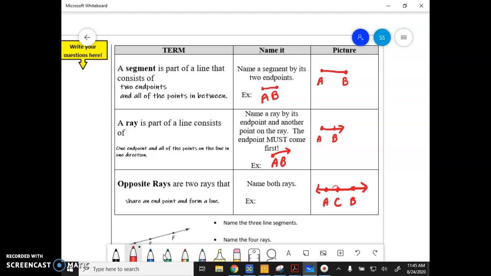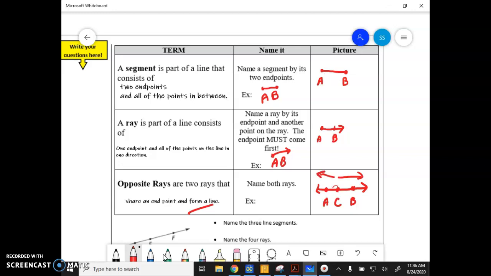All right, and so I think the tricky part here that can be confusing for students is that the opposite rays have to be touching, okay, because they have to form a line. That part is important. Okay, so hopefully we see that there is one ray going this way, and then there was another ray going that way.